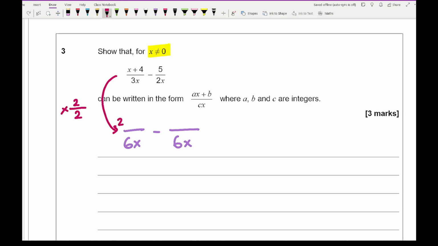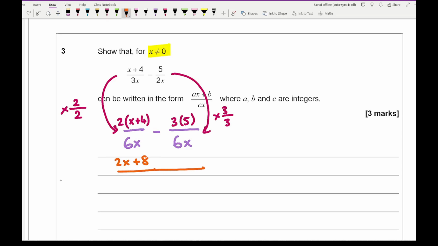So that then becomes 2 lots of 2x plus 4. And then with this second fraction, I'm going to multiply that by 3 over 3. So then it becomes 3 lots of 5, which ultimately is going to be 15. Then simplifying the numerators, we get 2x plus 8, and then minus 15 all over 6x.